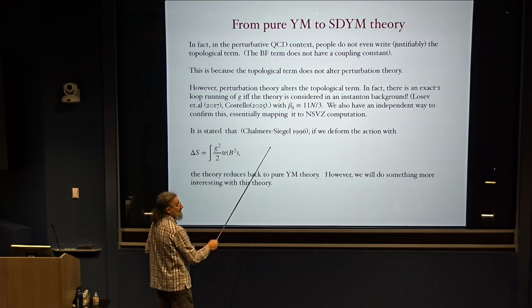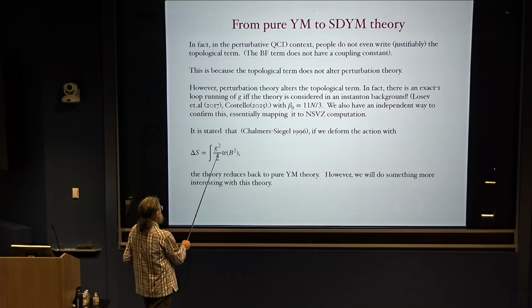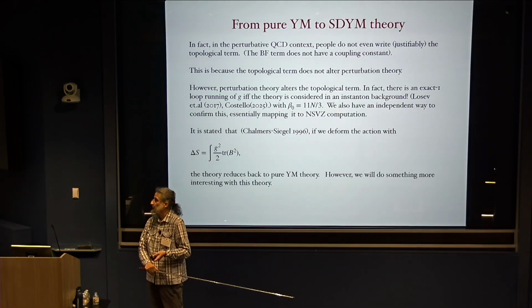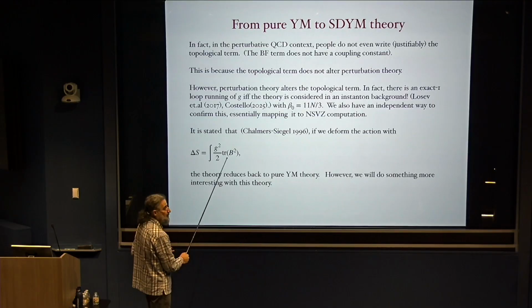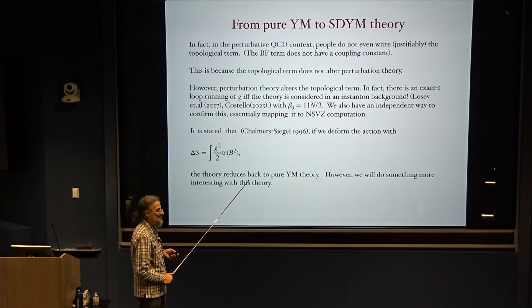In Chalmers and Siegel, also in later literature, it's stated that if we deform the action with this G square trace P square, we of course land back on pure Yang-Mills theory, which is very good. But I do not want to do that, okay?